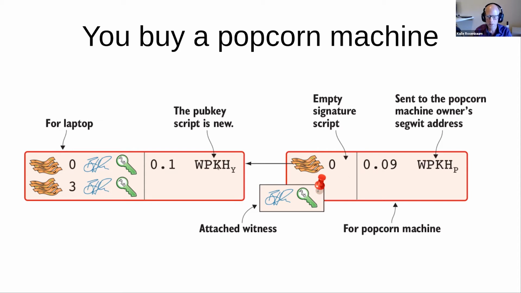So I want to spend this output. So I referenced this output with the transaction ID and the output index. And then I leave the signature script empty. And instead, I put the signature and the public key in this witness. And then I publish this transaction.